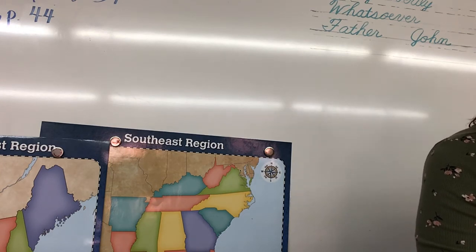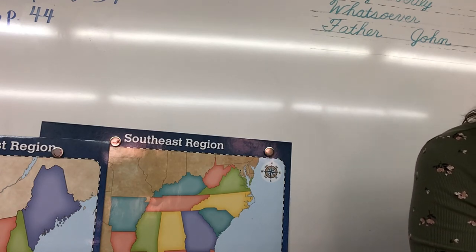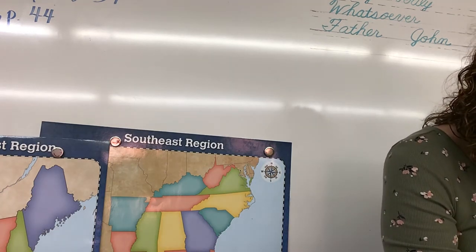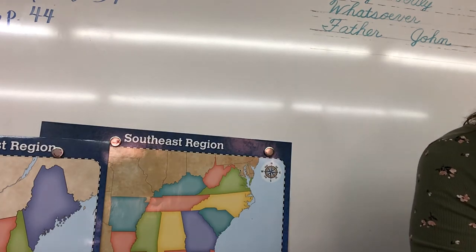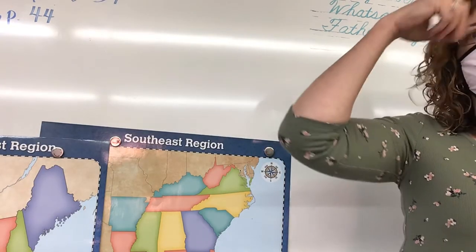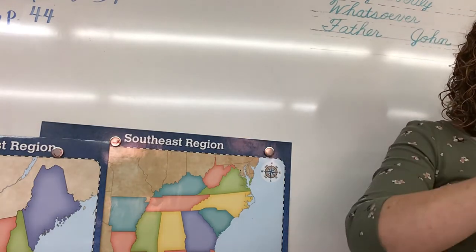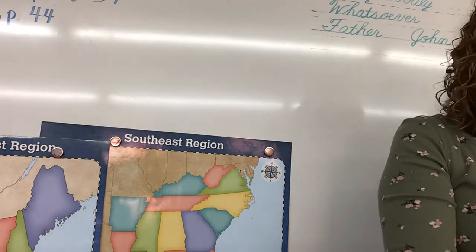Decomposer: an organism that helps to break down dead things. Fungi and bacteria are plant-like organisms that cannot make their own food because they do not have chlorophyll. Remember, chlorophyll is the green matter in the leaf of a plant. Well, these don't have it.